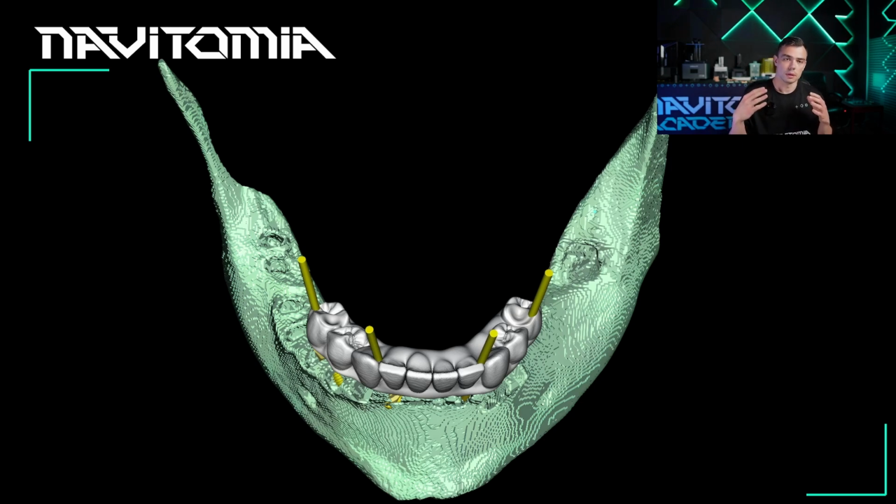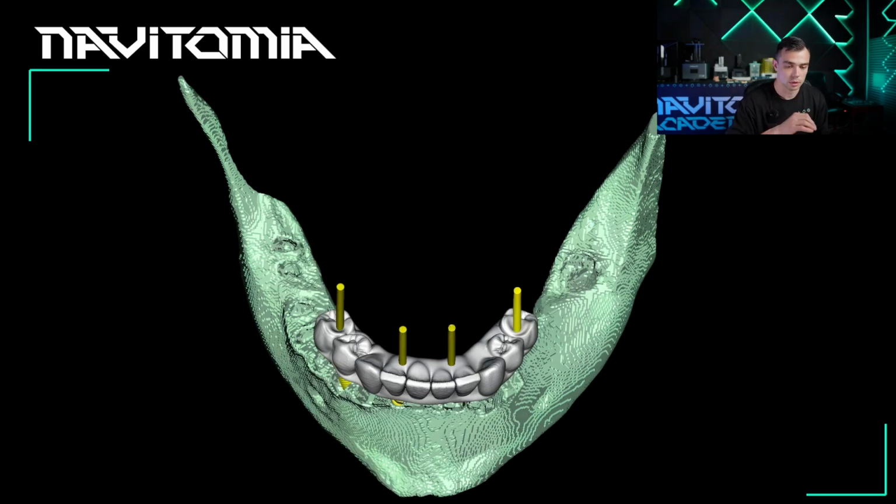But if it fits, that doesn't mean that everything is okay, because if you apply force to fit this type of prosthesis onto divergent multi-unit abutments, internal force appears inside the prosthesis, as in any type of solid material, and the probability of breakage is much higher.